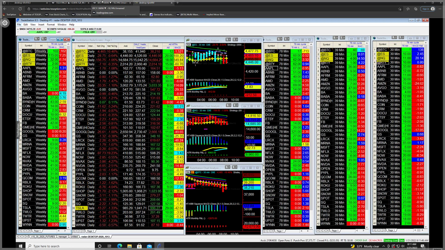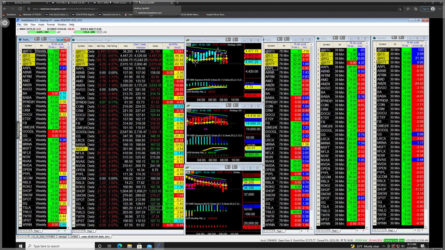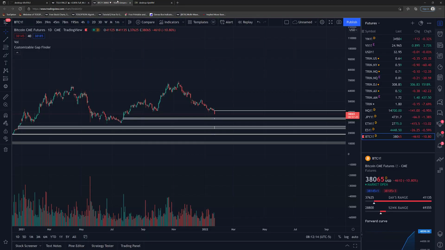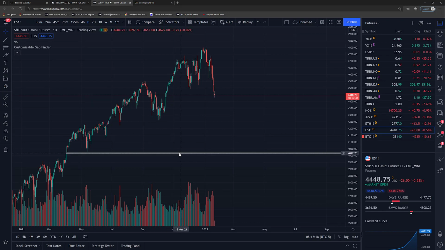Before anyone even talked about the market correction, I'm probably the only person you may know that talked about the S&P 4,000 gap, and I couldn't believe they left the gap open for that long.